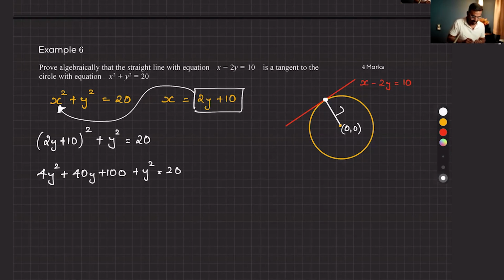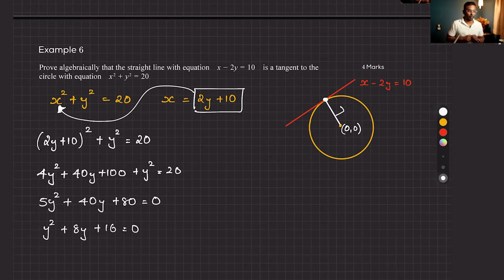Exactly, Samuel. So this would become 5y squared plus 40y plus 80 equal to 0. Okay? And I'm going to simplify this to y squared plus 8y plus 16 equal to 0.